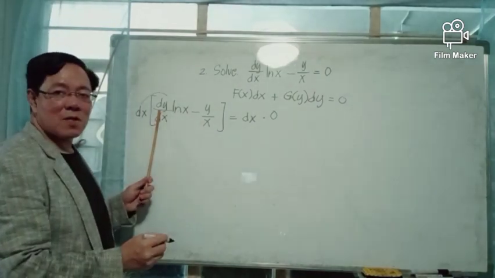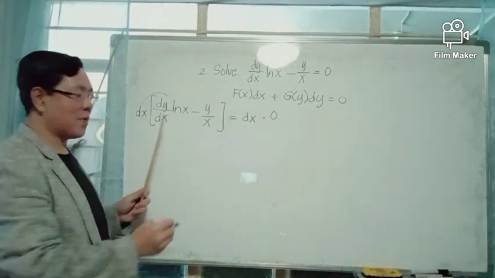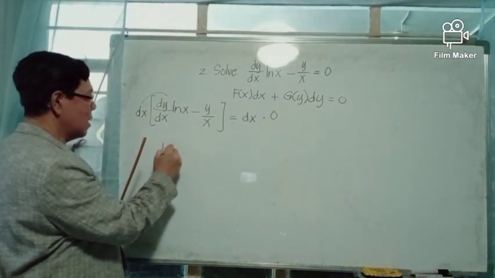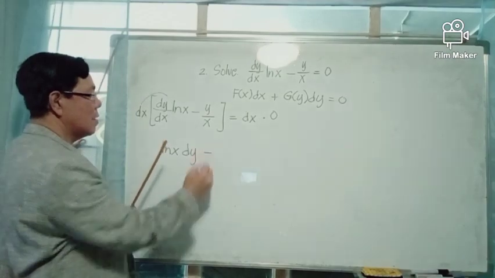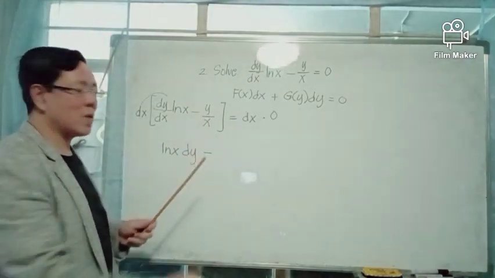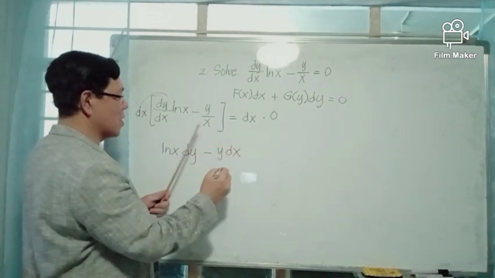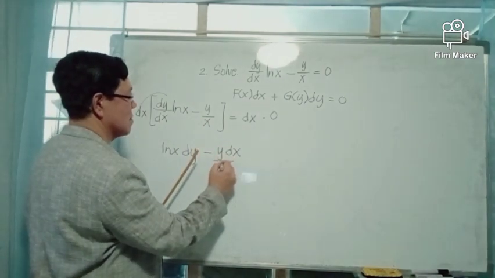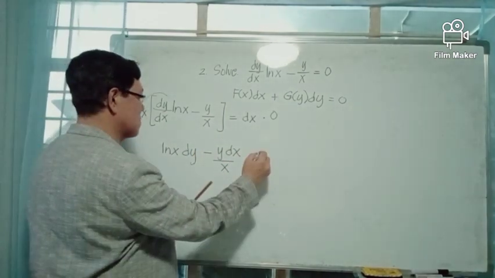And the first term simplifies to, I will write first, ln of x dy, minus dx multiplied by y, we get y dx over x. And the right-hand side is 0.